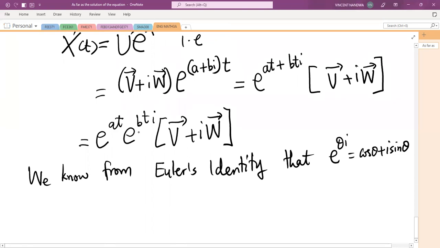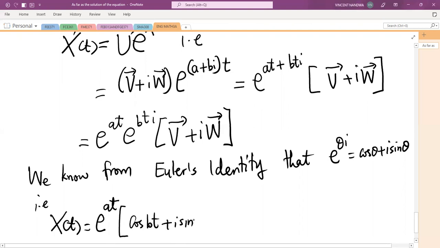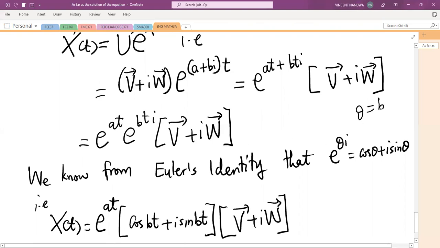So we can derive this term as, x of t will be e raised to power at, and then we'll have cosine of bt plus i sine bt, multiplied by v plus iw vector, where theta in this case is taken to be bt, relating Euler's identity and this term here.